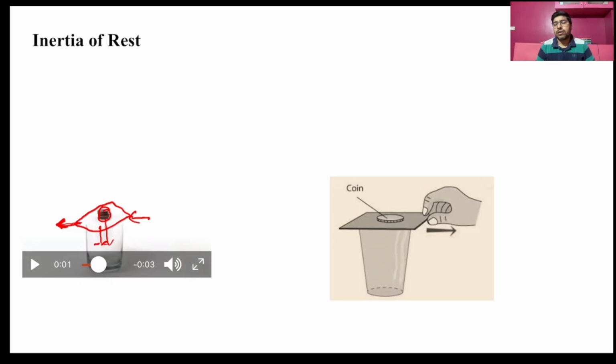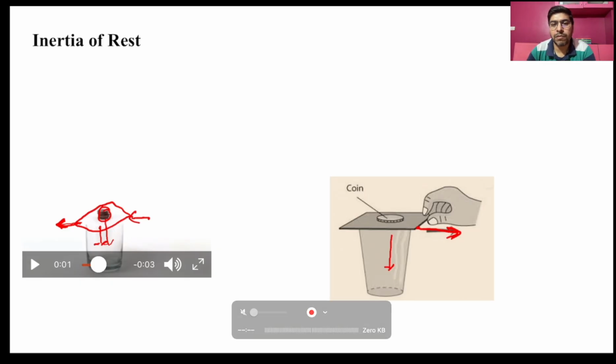Very good. Now tell me one thing. If we move this cardboard slowly, very slowly, this coin will not fall down inside. Still the coin has inertia, right? But why is it not going to fall down inside? Can you think? Take a pause and think about it. Yes.